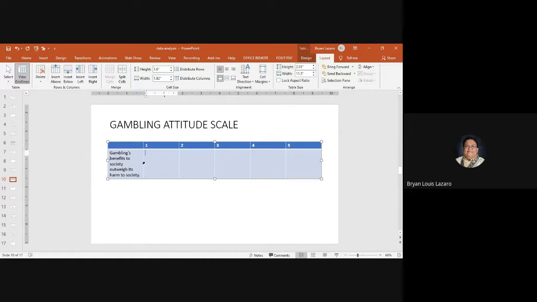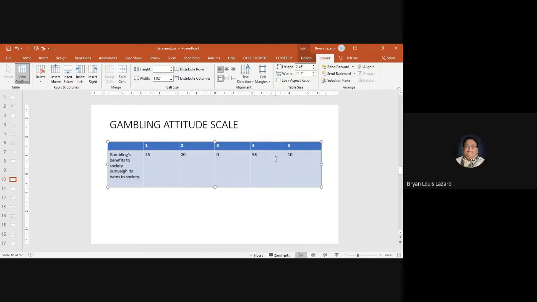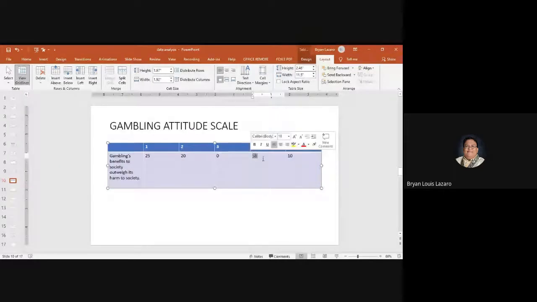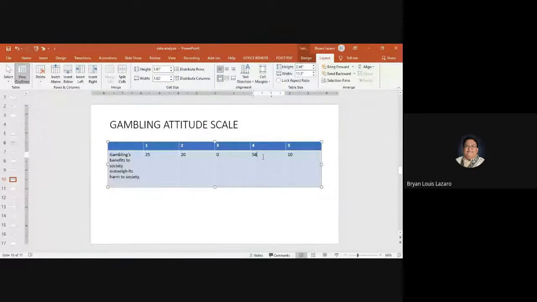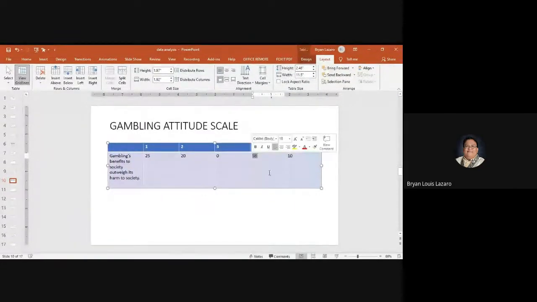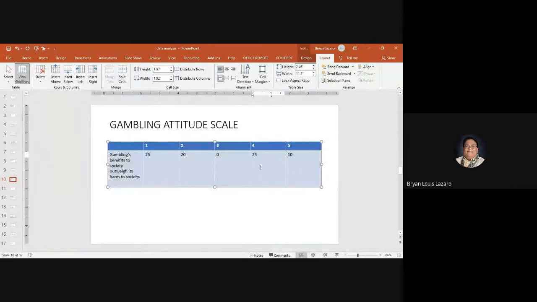So halimbawa merong 25 na sumagot ng 1, tapos merong 20 dito, tapos merong 10. So ang total respondents mo halimbawa ay 25, 45, liitan natin ng konti para maging 100 lang siya.